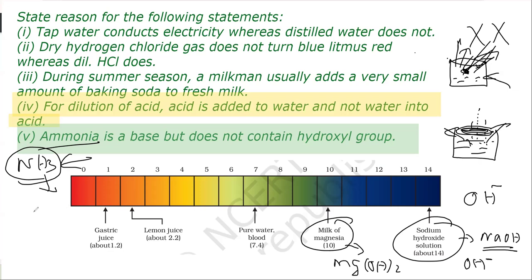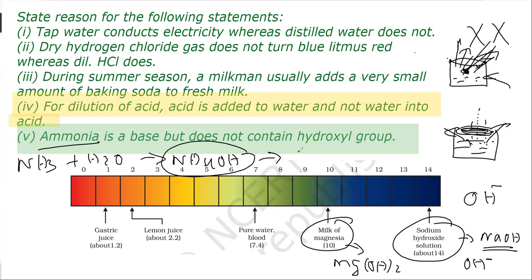When it is dissolved in water, it produces ammonium hydroxide, NH4OH, which dissociates into NH4 plus and OH minus ions. That's why we say that it is basic in nature and contains a hydroxyl group when dissolved in water.